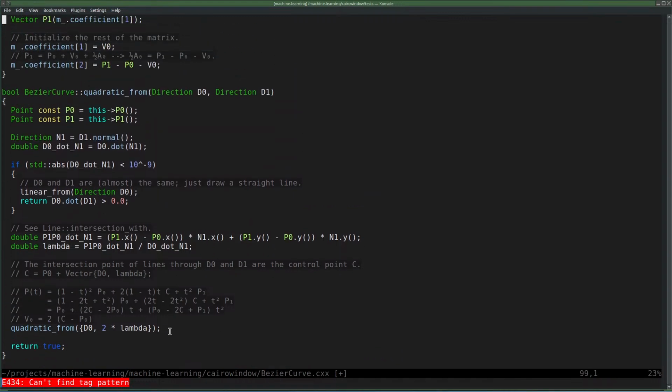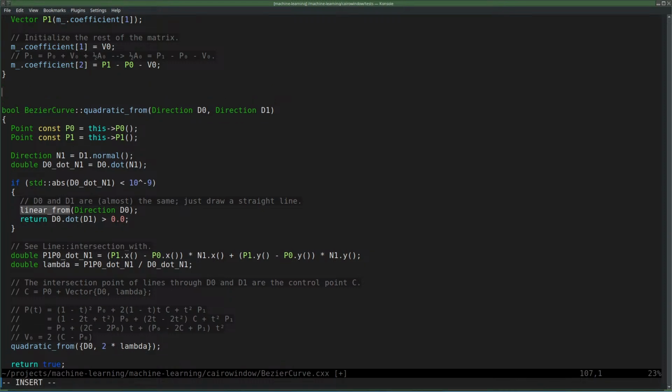No, I have to write linear form. Wait, that's bullshit.